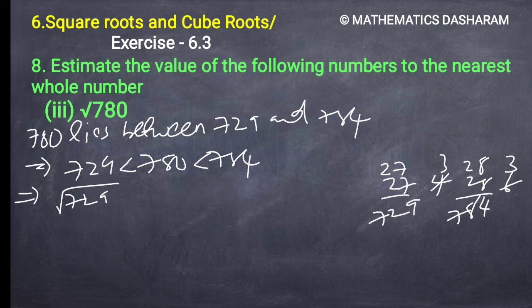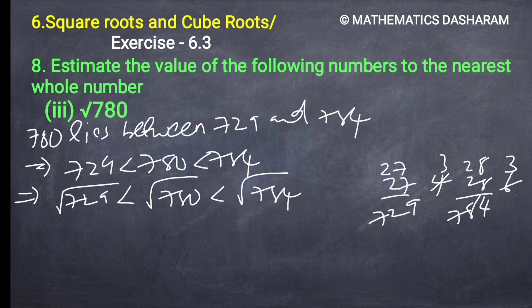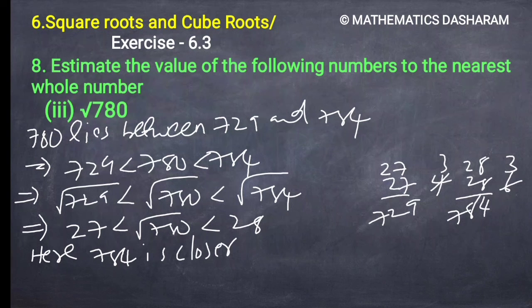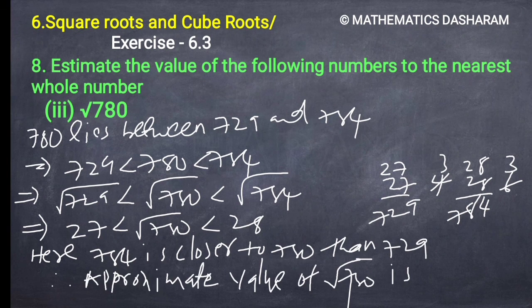Square root of 729 is 27, less than square root of 780, less than square root of 784 which is 28. But here 784 is closer to 780 than 729. Therefore the approximate value of root 780 is 28.